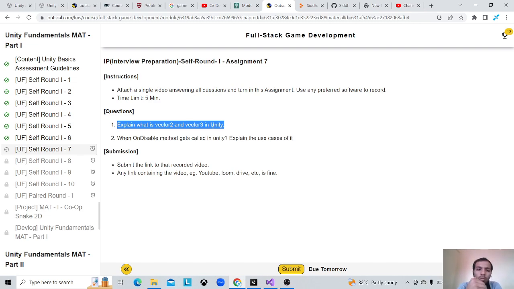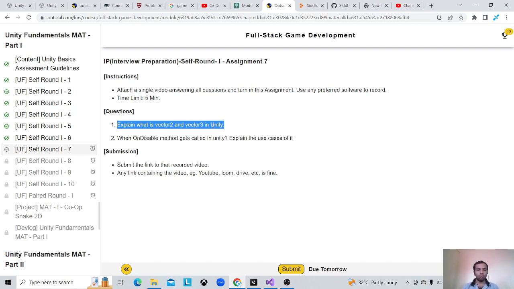In Unity vectors are the same thing as in general mathematics. They are a data type in Unity that stores the direction and the magnitude.